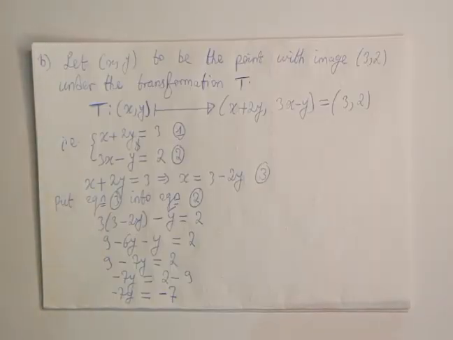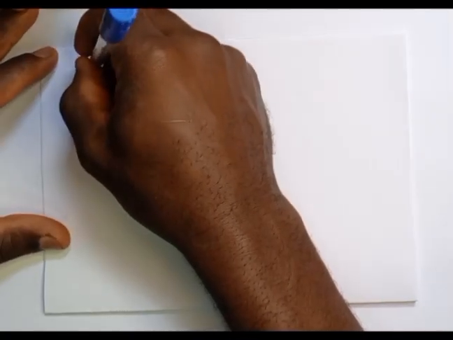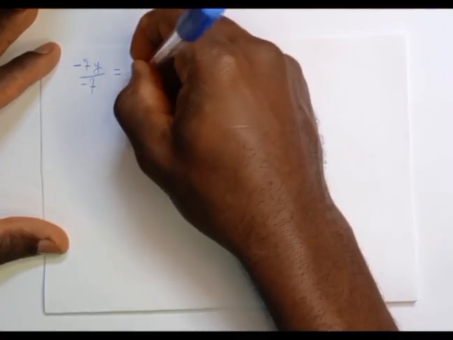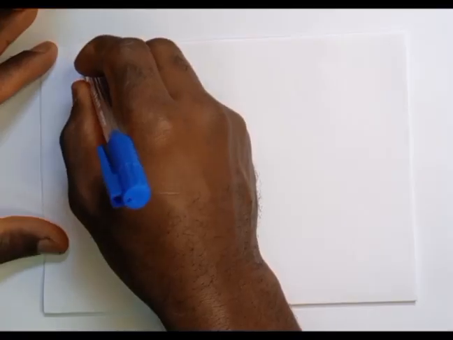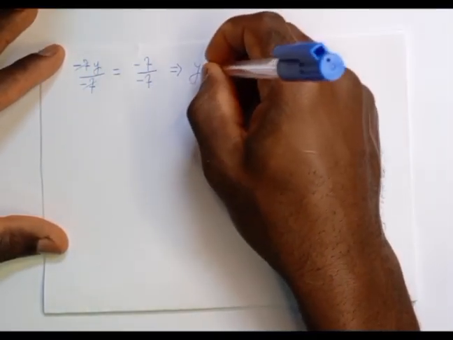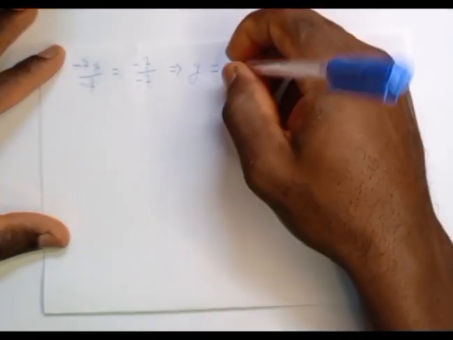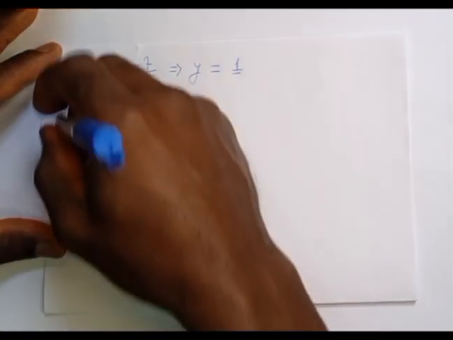Next, we divide both sides by −7 so that we can get y. −7y divided by −7 is equal to −7 divided by −7. On the left hand side, −7 strikes off −7, leaving y. On the right hand side, −7 divided by −7 gives positive 1. Therefore, y is equal to 1.